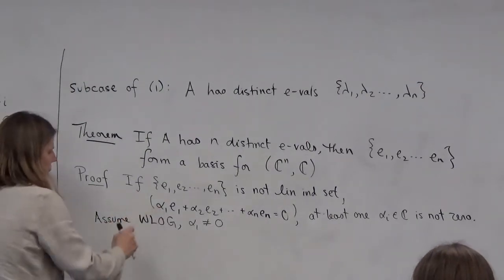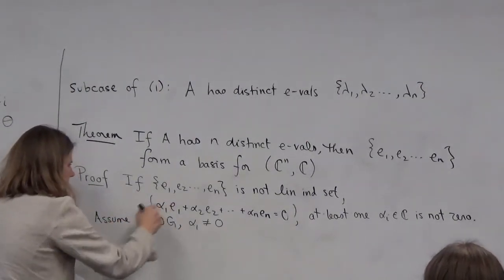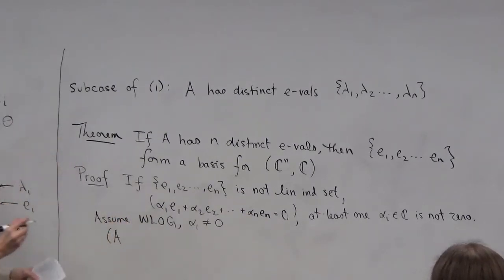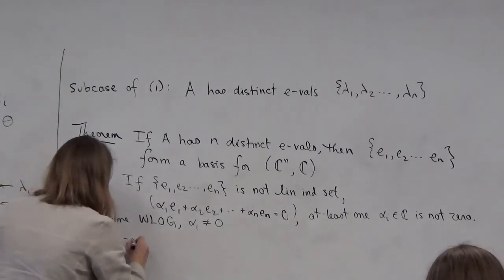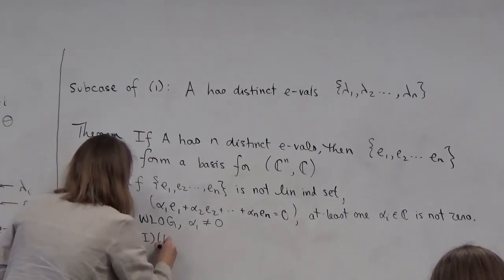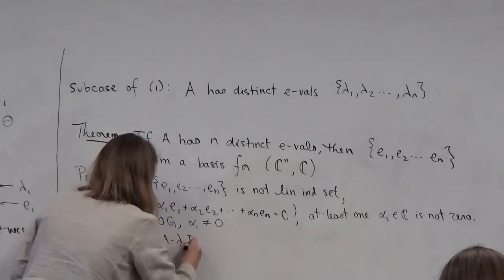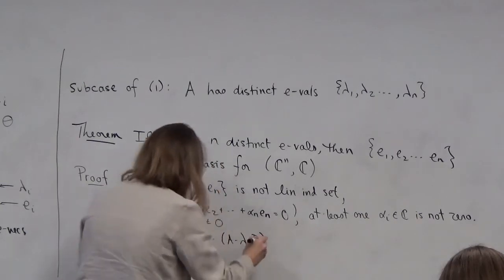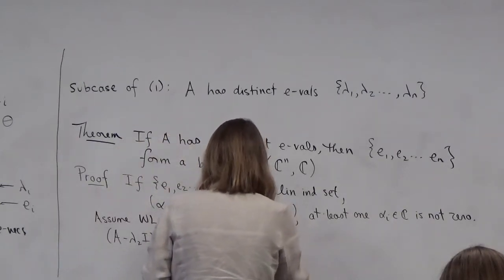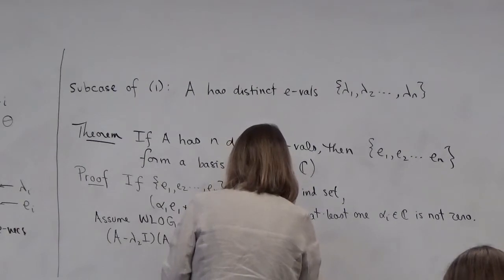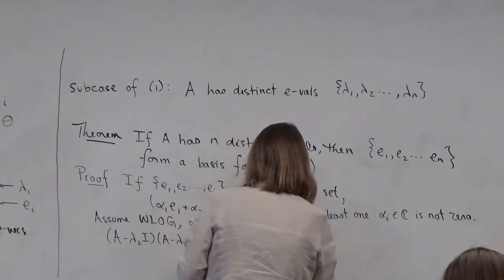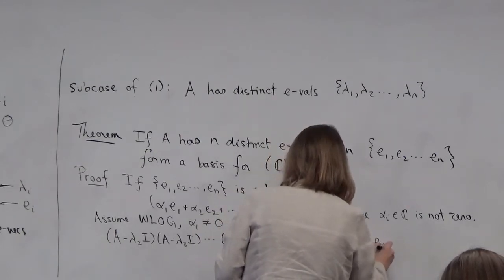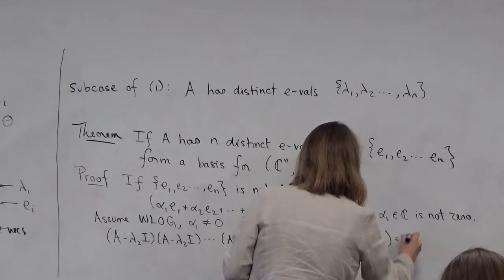I'm going to pre-multiply by the product of the following matrices: A minus lambda 2 I, A minus lambda 3 I, up to A minus lambda n I. Okay, so I'm going to multiply that by alpha 1 E1 plus alpha 2 E2 plus up to alpha n En, and that's going to be equal to 0.